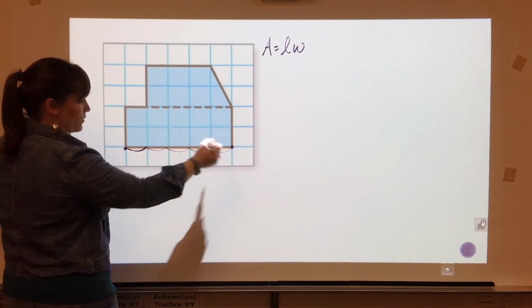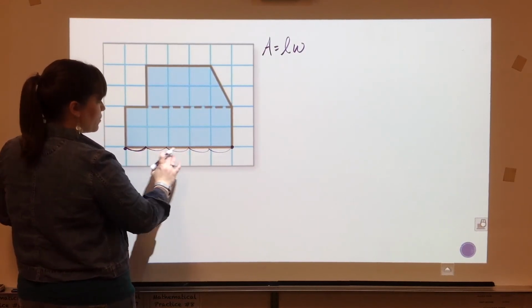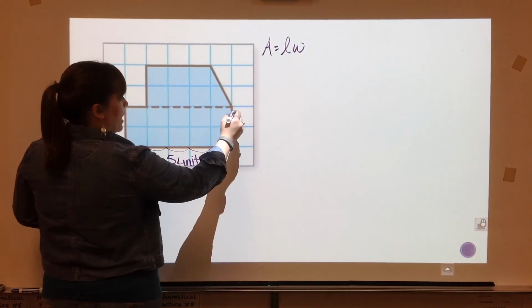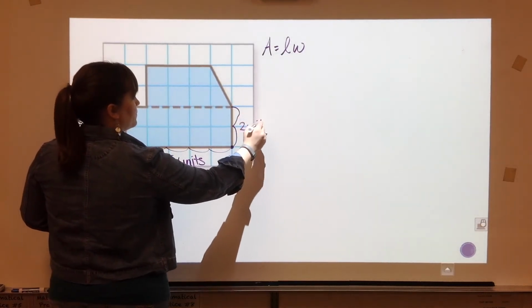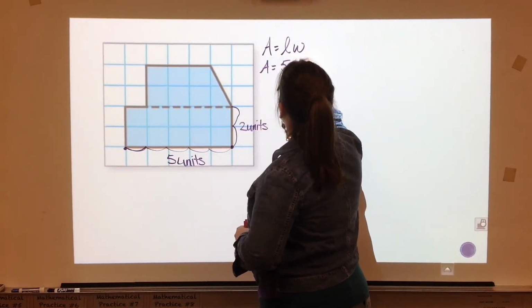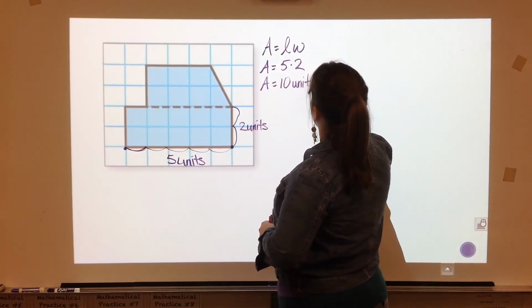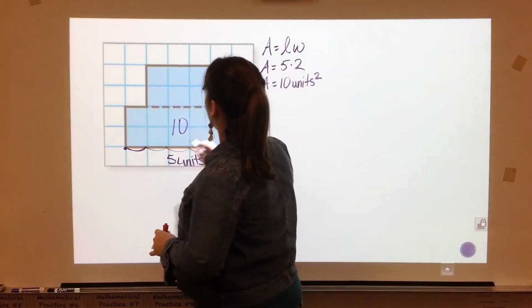You don't count the actual lines, you count the spaces. So this length is going to be 5 units. And then the width is going to be 2 units. Now we're going to plug that in. 5 and 2. The area is 10 units squared. That's the bottom part of the shape.